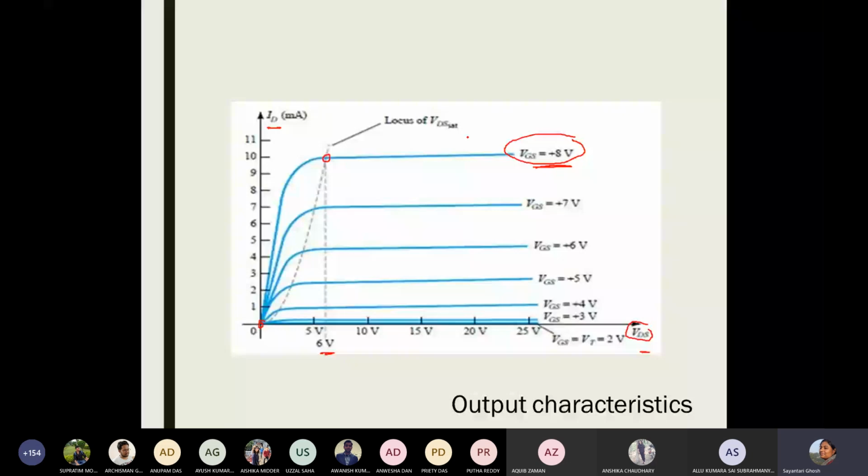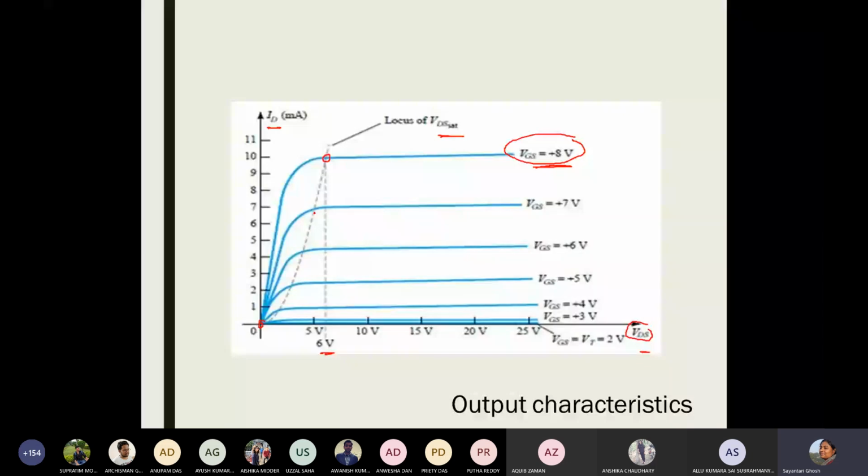And if you go on changing VGS to lower and lower values, the slopes get changed. Why do the slopes get changed? Because the channel width changes, and the area available for the electrons to flow reduces, and that means the slope of the graphs will change. So the slopes of each of these graphs will be different, and they will be saturating at different points.